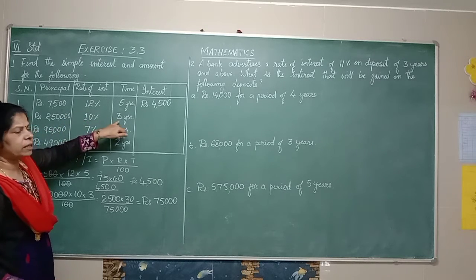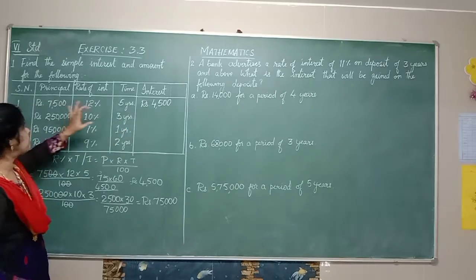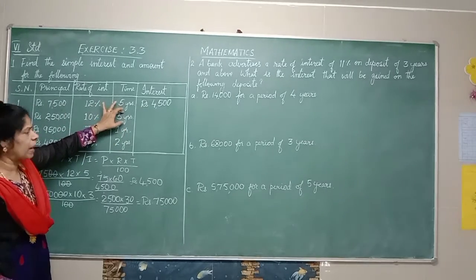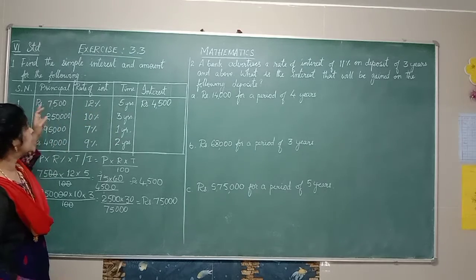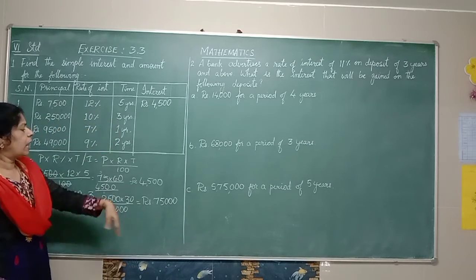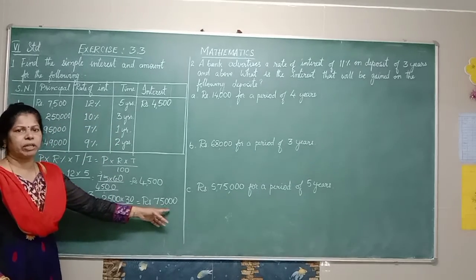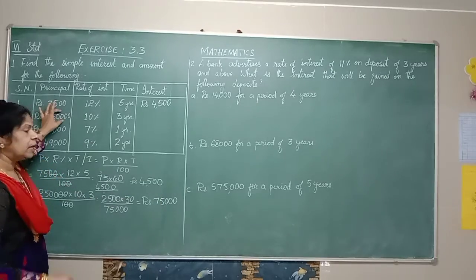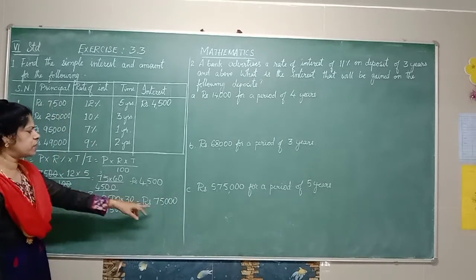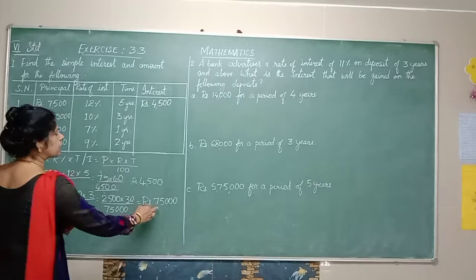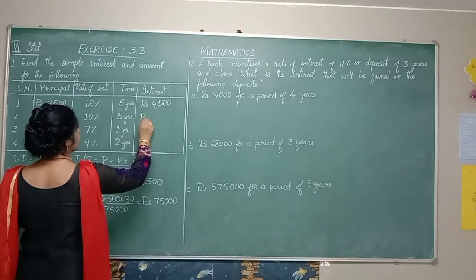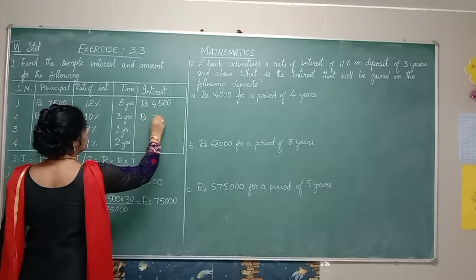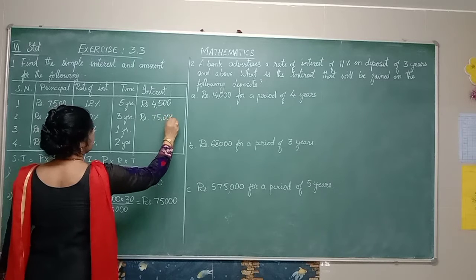The person has kept it in the bank for 3 years. So after 3 years, this person is going to get an extra amount of 75,000 along with this. This extra amount we call the interest: rupees 75,000.